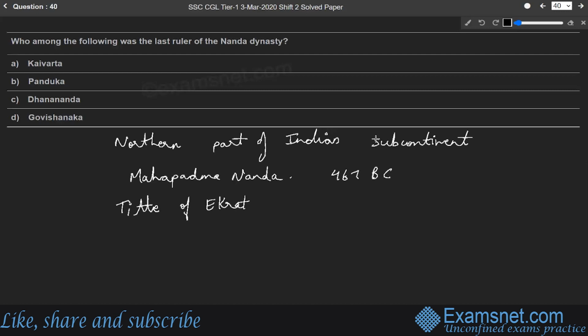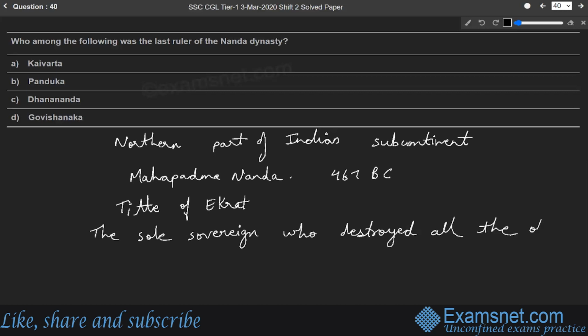What does the title of Ekrat mean? Its meaning is the sole sovereign, who destroyed all the other ruling princes.